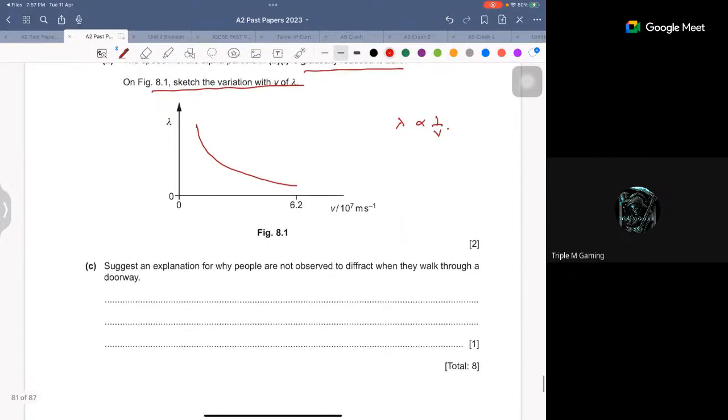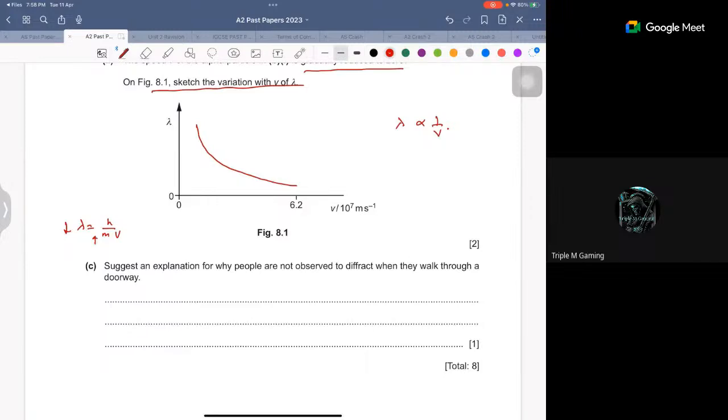Then it asks to suggest an explanation why people are not observed to diffract when they walk through a doorway. Interesting. If we have less speed but a lot of mass, we do have some wavelength, right? But if you have a lot of mass, your wavelength is going to be very small, smaller than even alpha, beta, gamma, whatever.